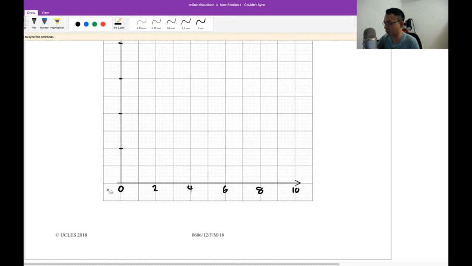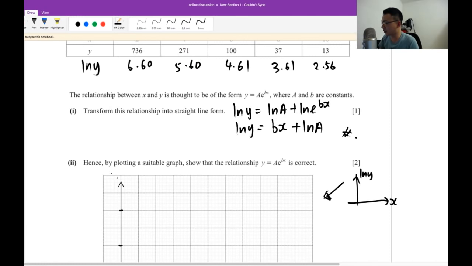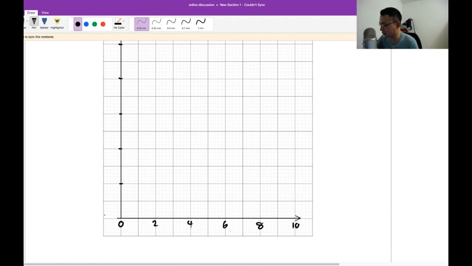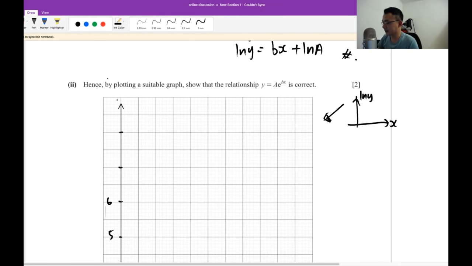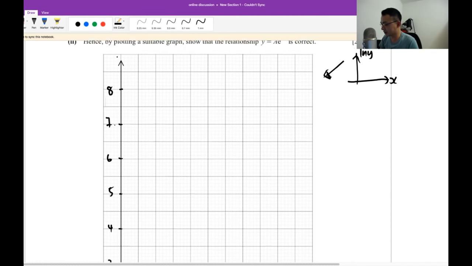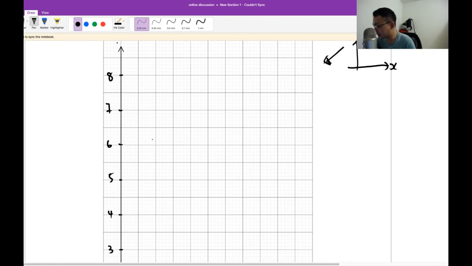So what I will do here is start with the lowest value, because the lowest value is that one, right? So I will say this is 2, 3, 4, 5, 6, 7, 8. Okay, I will plot like this. First one is 6.6 here.